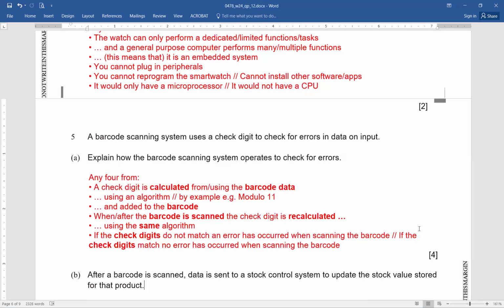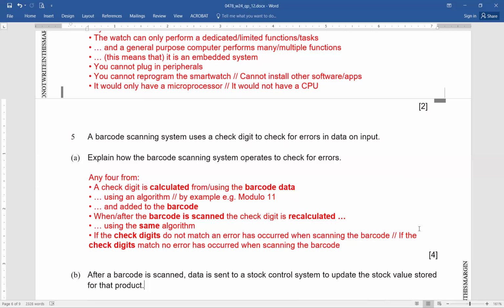After that, when the barcode is scanned, the check digit is recalculated. The algorithm remains the same. For example, while the calculation was done in the first go, we used modulo 11. So when we are performing the scanning process, the same algorithm will be used. It's not possible that some other algorithm will be used.